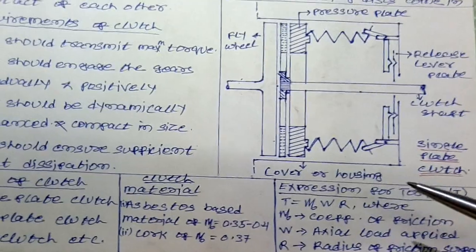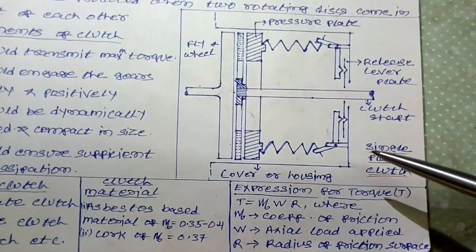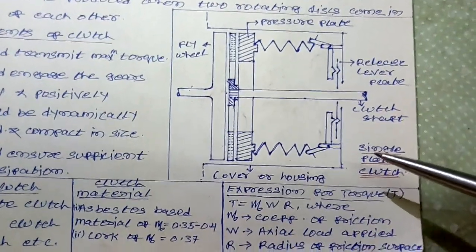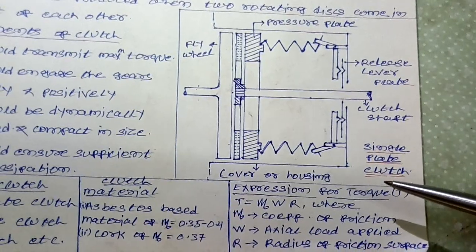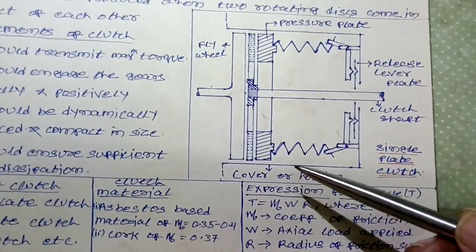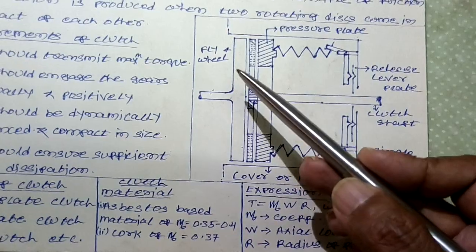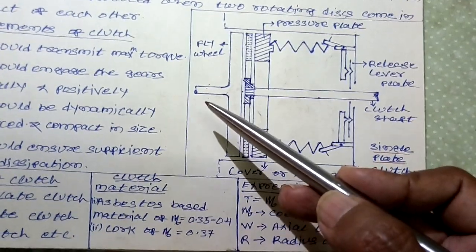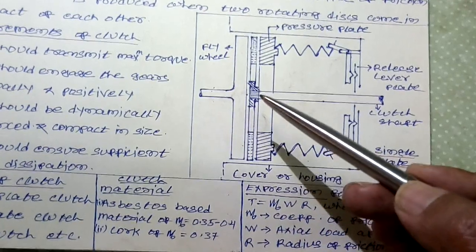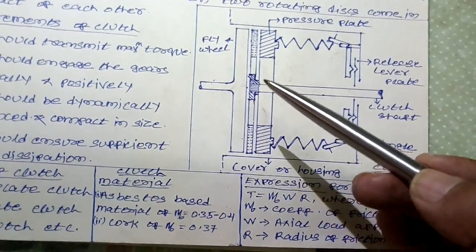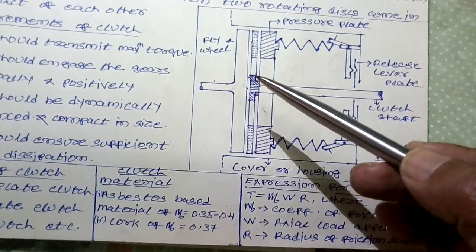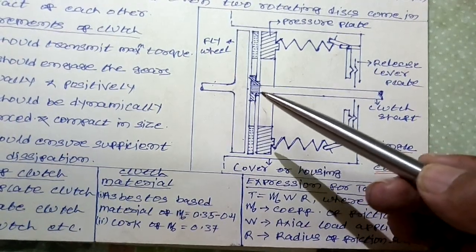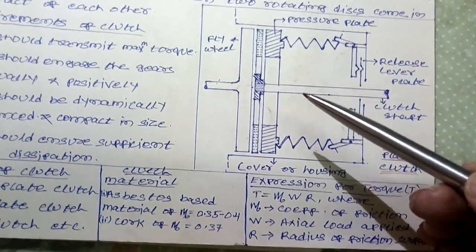Now students, we will look at the working mechanism of the single plate clutch in detail. Here, as we see, the flywheel is located on a shaft, and the clutch plate is located on the clutch shaft.